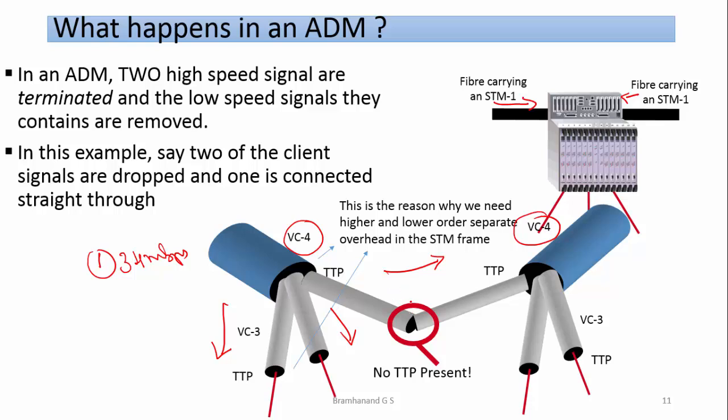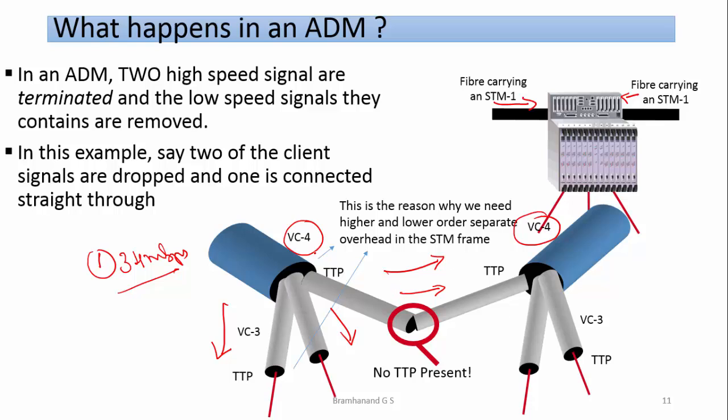So this will be made as pass through. There will be a direct cross connection, so there will not be any trail termination point. It means that the overhead would not be processed for that particular 34 Mbps TTP at this ADM.